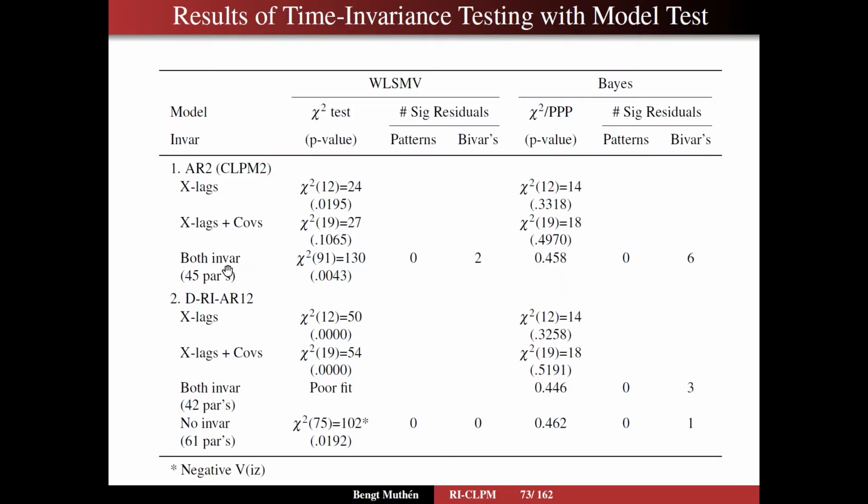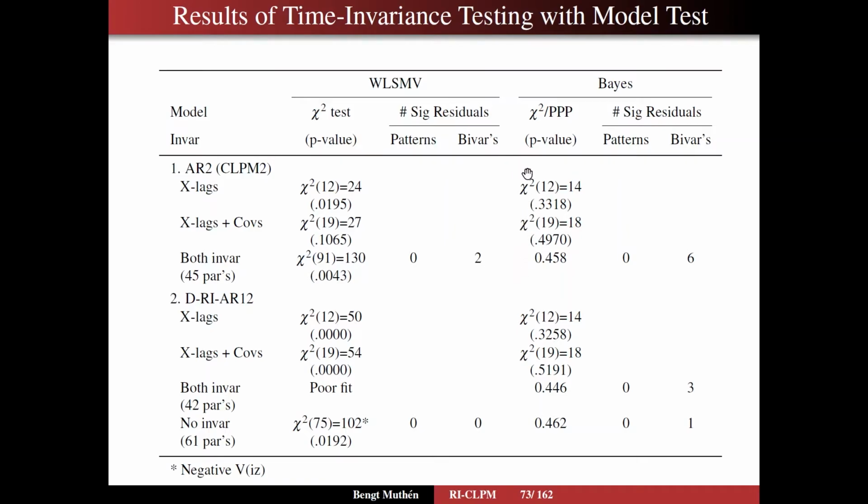And if you impose both of those, you can't really reject invariance of cross-lags and covariances for WSMV for this model. And if you impose both invariances, you get a model that's a little bit ill-fitting, but not too bad. Certainly not bad in terms of the significant residuals for the patterns and the bivariates.